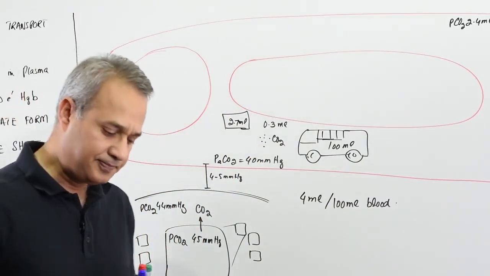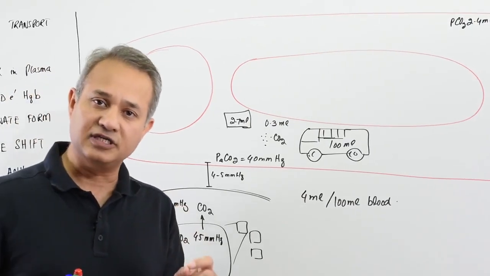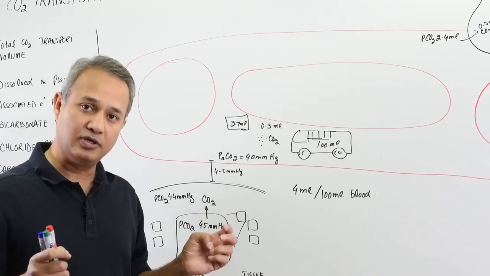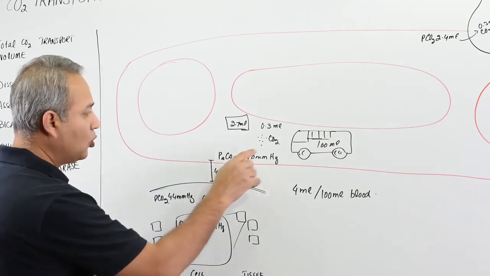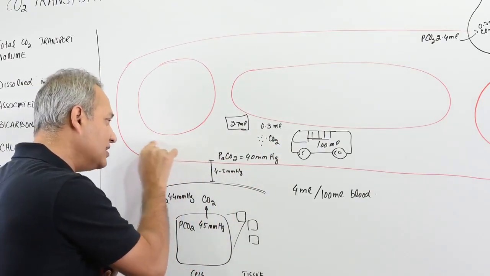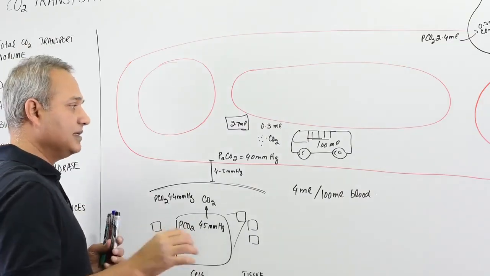Now you'll see in a minute that carbonic anhydrase is an enzyme that will help carbon dioxide become bicarb. So the question many students ask me is, why is this carbon dioxide not converted into bicarb in the plasma? Please remember the answer. It is very simple.